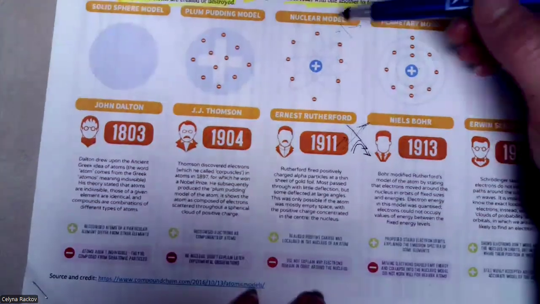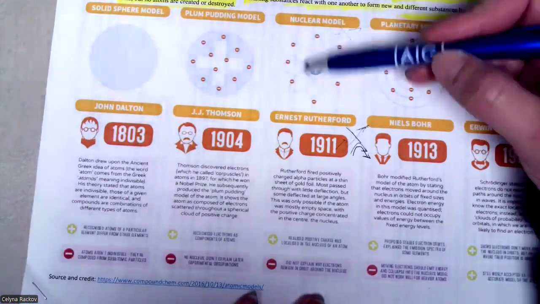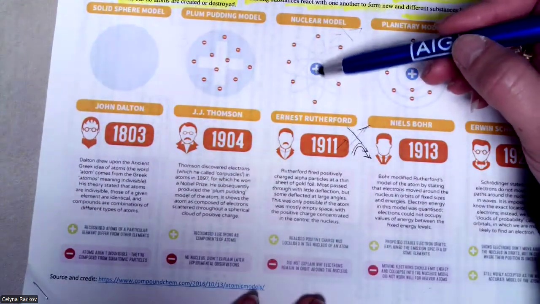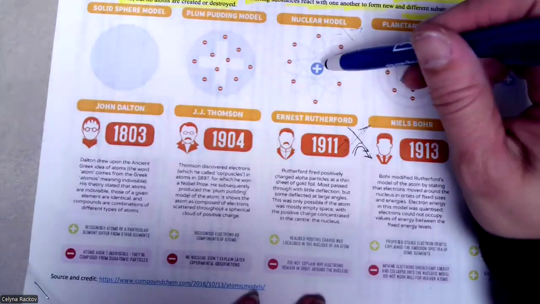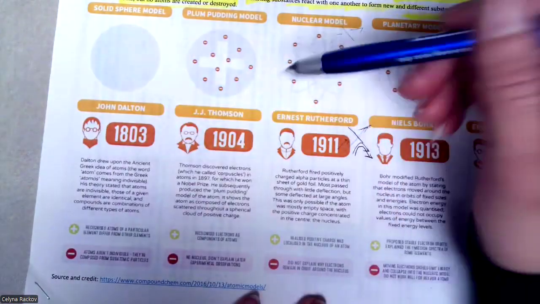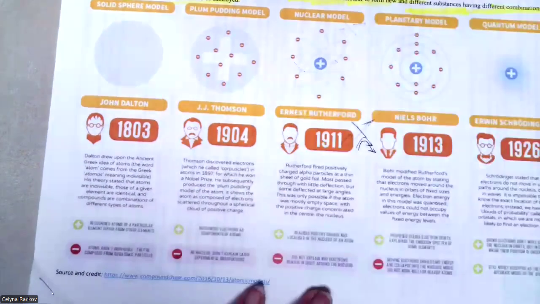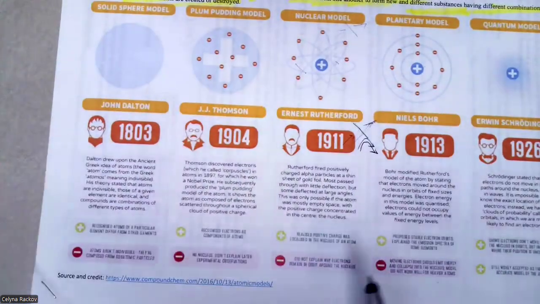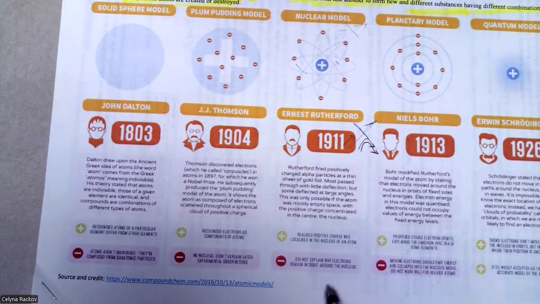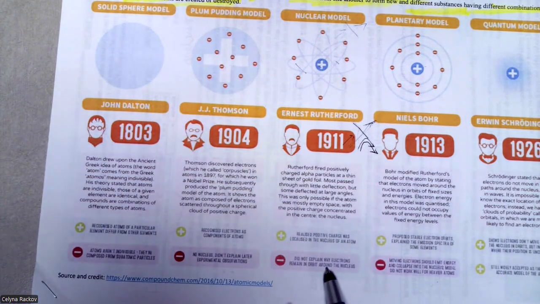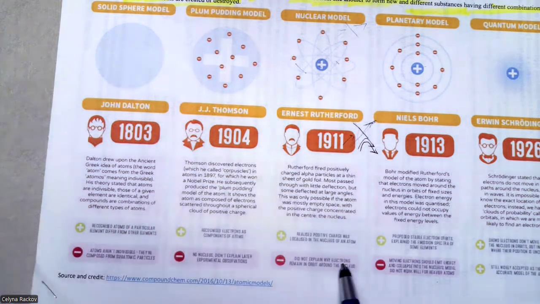So he knows you have empty spaces here, and the center has the nucleus. That's why some were deflecting and some were passing through. The positive was that he realized positive charge was localized in the nucleus of an atom, but he did not explain why electrons remain in orbit around the nucleus.